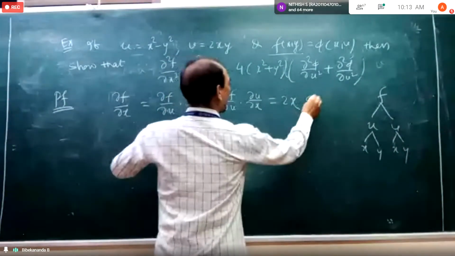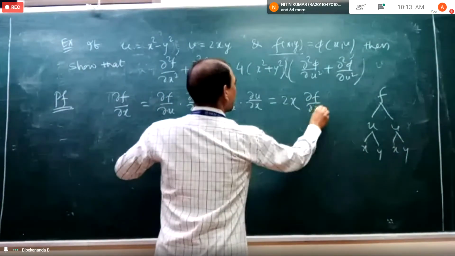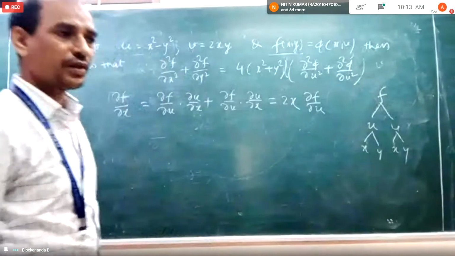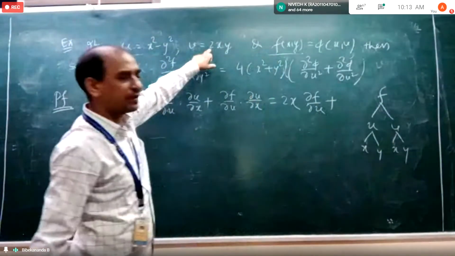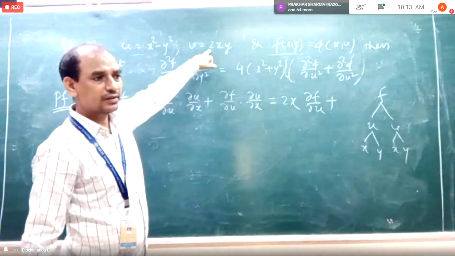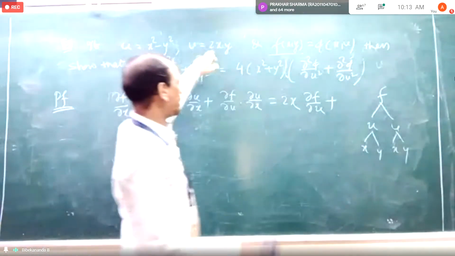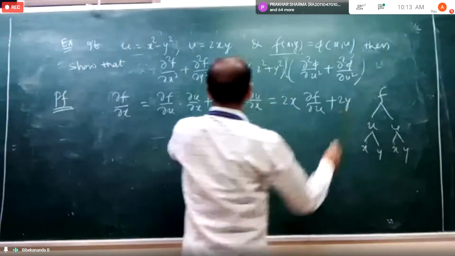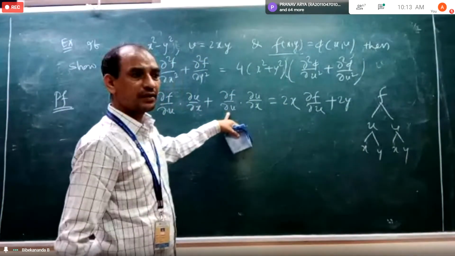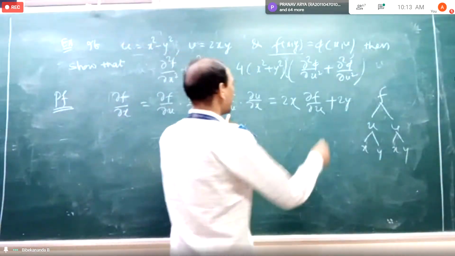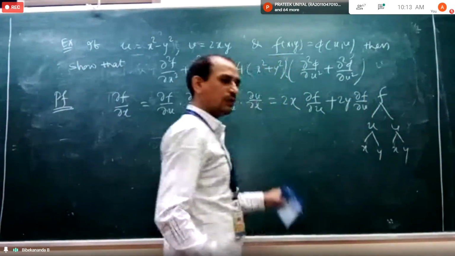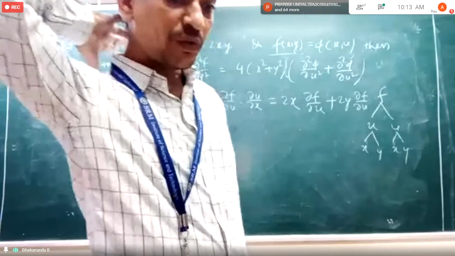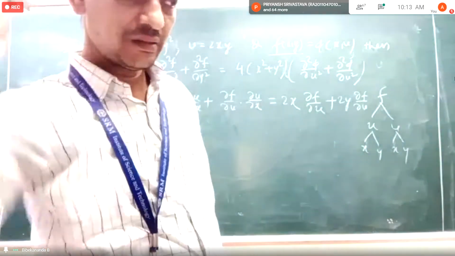And dou f by dou u you don't know. Okay. Plus, what is the value of dou v by dou x from here? Sir, 2y. So 2y, and you don't know what dou f by dou v is. Up to this it is fine. Yes, sir.